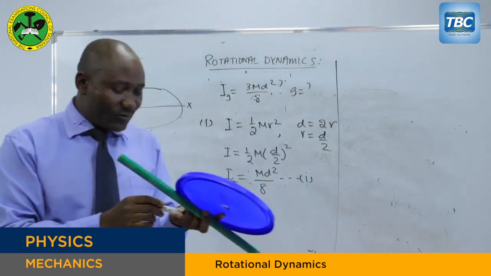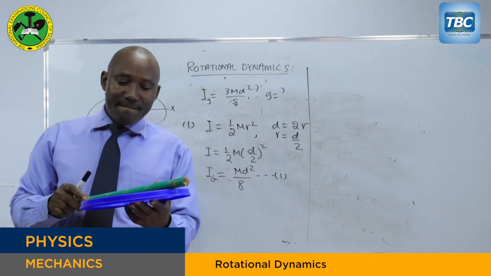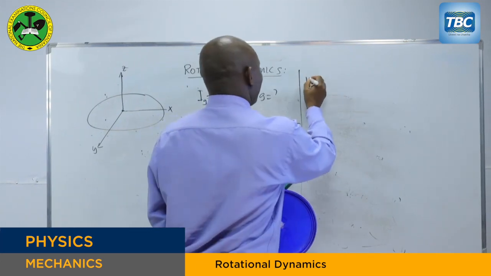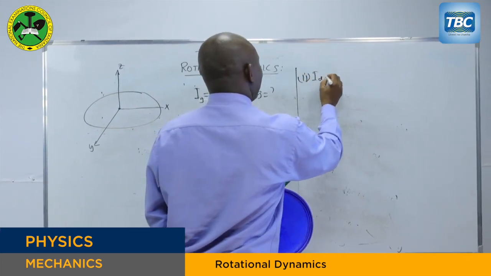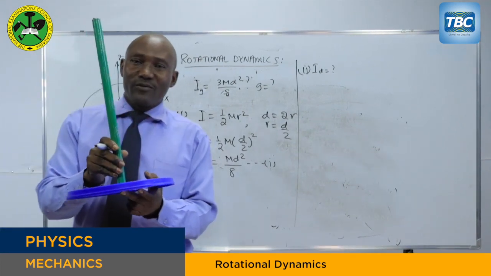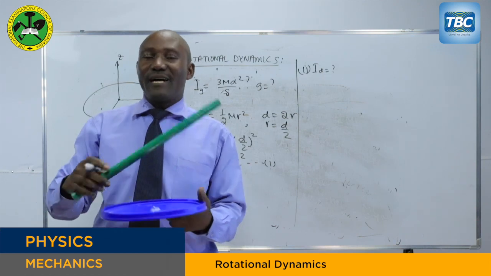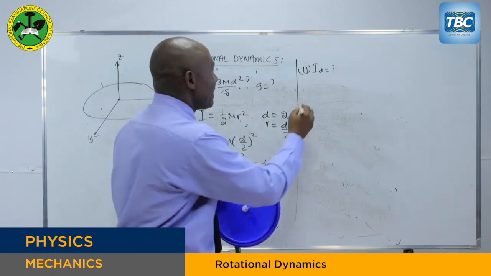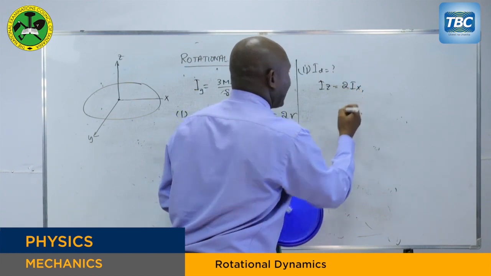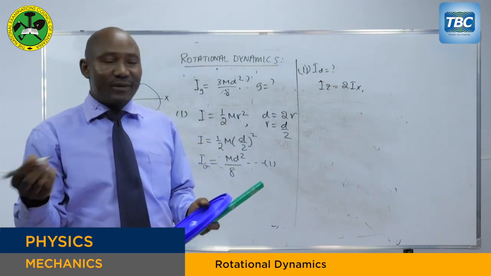If it's not passing through the center, can we check: is it passing through the diameter? Let's check. Case number 2, maybe through the diameter. If you know the moment of inertia about the center, you can find the moment of inertia about the diameter. As we did before, if you remember, we said Iz equals 2Ix, where x stands for the moment of inertia about the diameter.